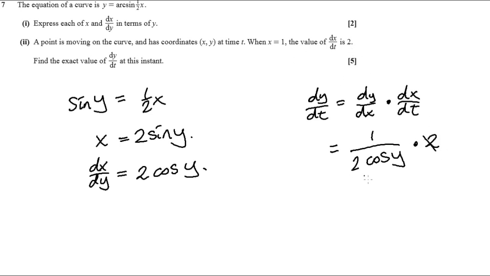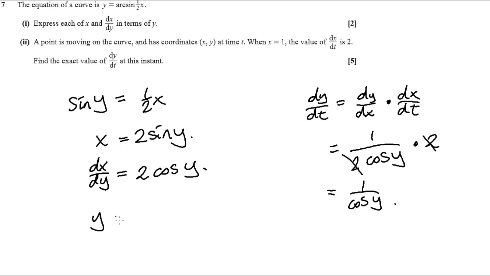With that, cancel the 2's, you get 1 on cos y as your value. And when x is 1, at that instant, we need to find the value of y that corresponds to x is 1, so we just sub in values.